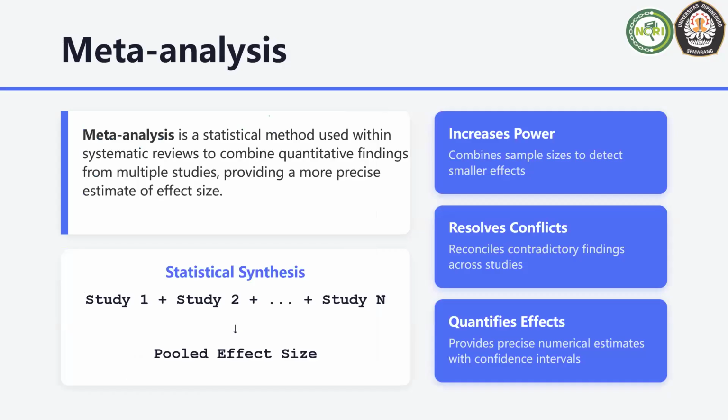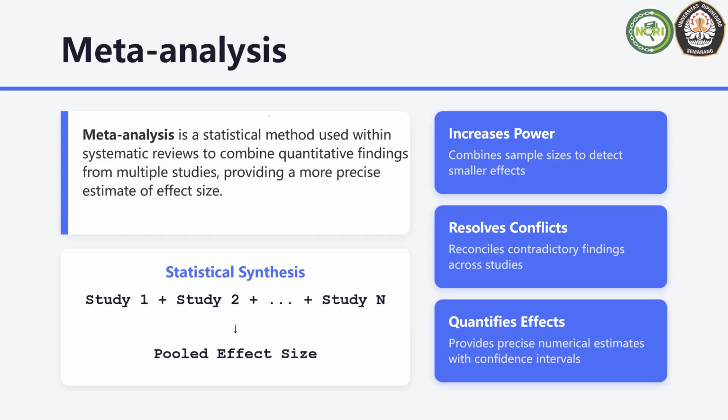And then a meta-analysis is a statistical method used within a systematic review to combine quantitative findings from multiple studies. For a meta-analysis, the word meta, I think, comes from something to do maybe with mathematics. So when you do a systematic review, for example, you pull the different reported prevalences or incidences from these different papers, and then you merge them together.